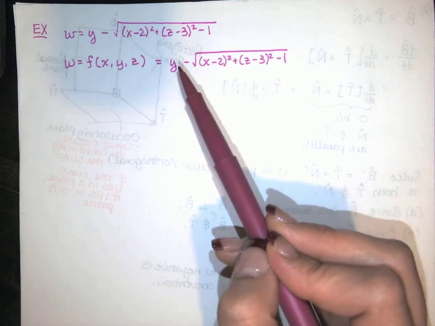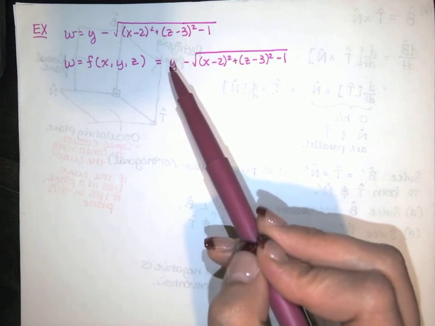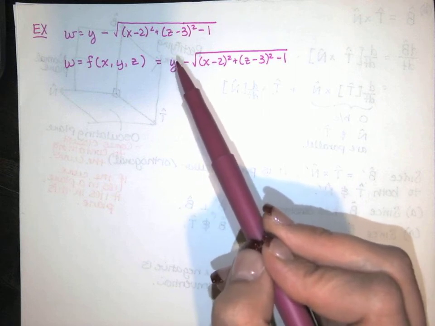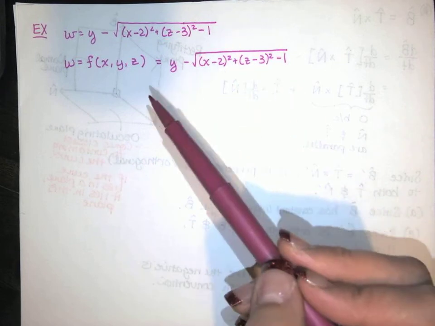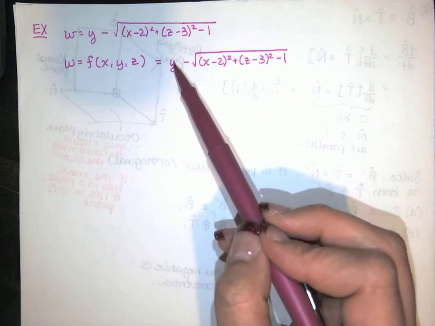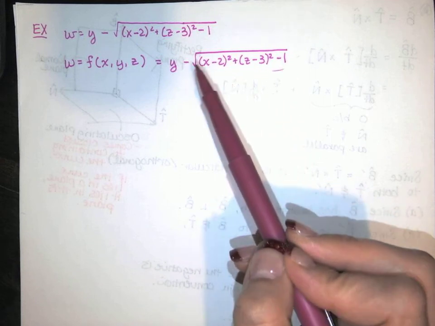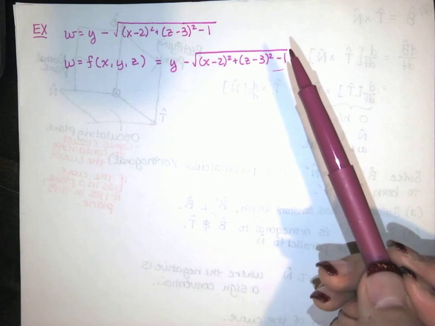So I've got a number over here minus a positive number. With that in mind, if y is large and positive, it could dominate. And as y gets larger and larger, if this was 0, the w values would go to infinity. Now, if y was, say, 0, and the value under the square root got larger and larger, well, then we have 0 minus a large number, so a large negative number.